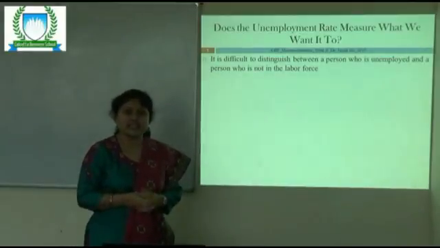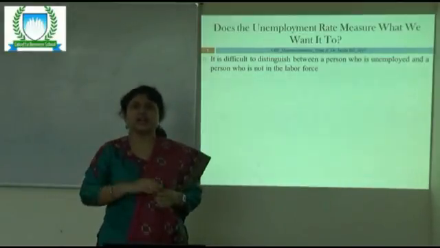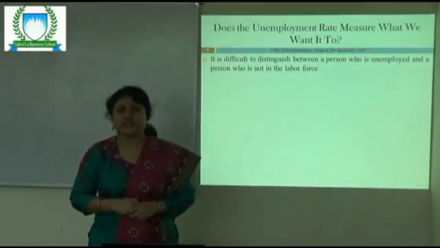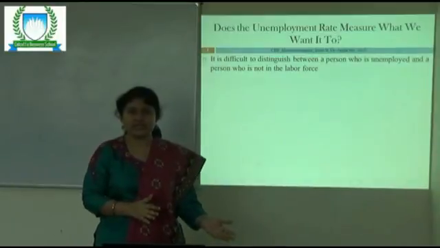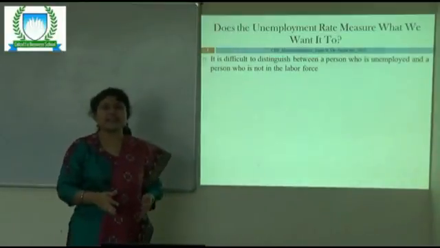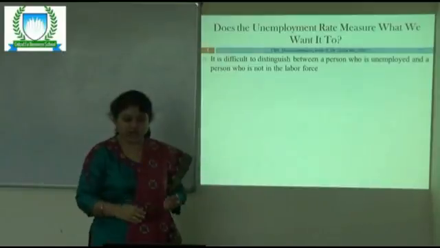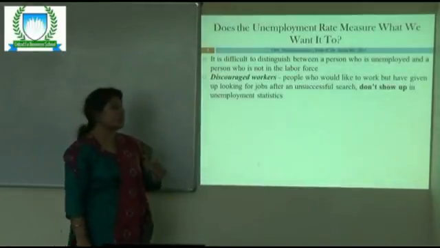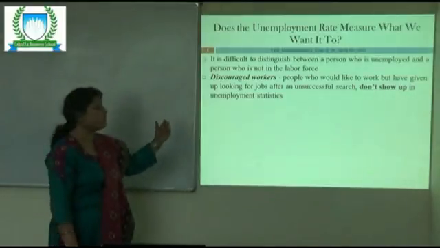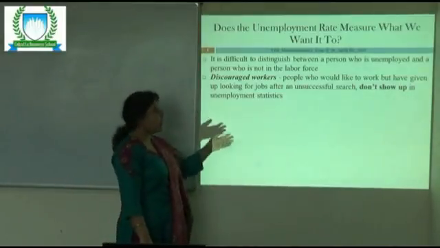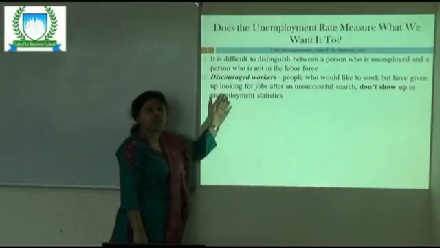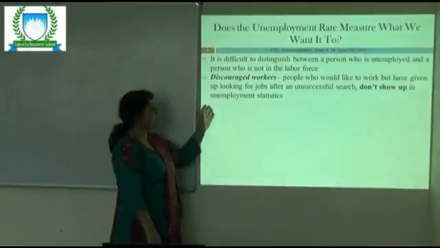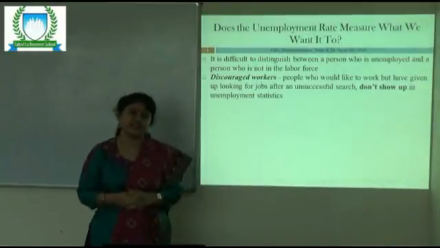In that case, suppose it is a girl, then the girl gets married to someone and becomes a housewife. But that will not get reported on the unemployment side, isn't it? The country will think that that person is still unemployed. So the unemployment measure cannot capture discouraged workers, that means people who would like to work but have given up looking for jobs after an unsuccessful search; they don't show up in unemployment statistics.